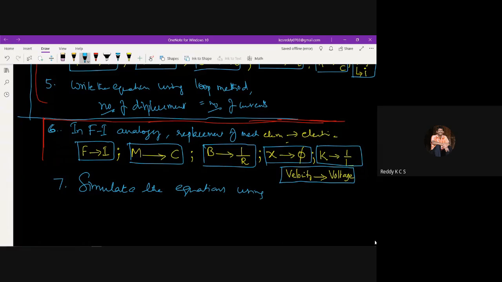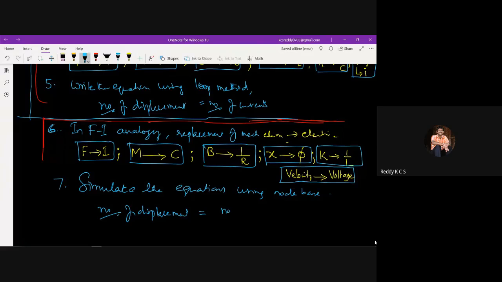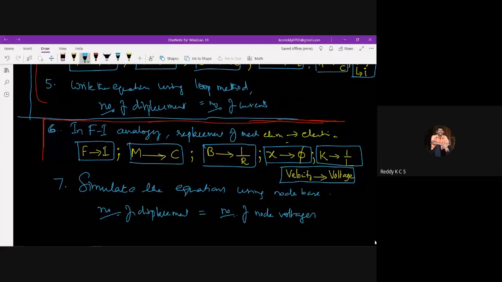Using node basis means here the number of displacements is equal to the number of node voltages. So based on that we are going to write. Of course, these are the steps which are involved in writing the equations.